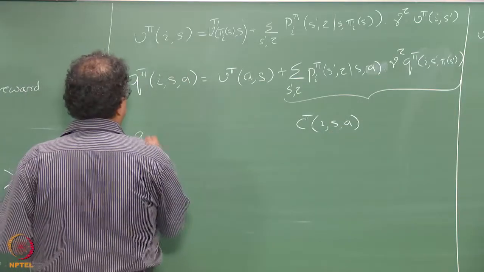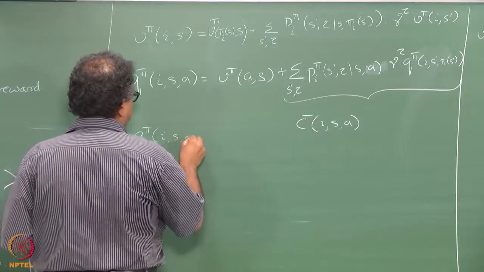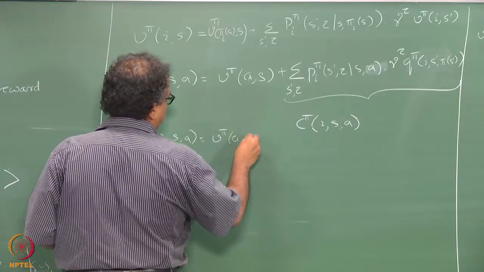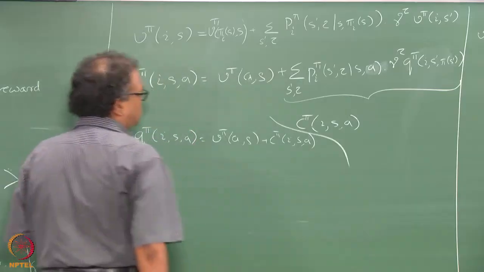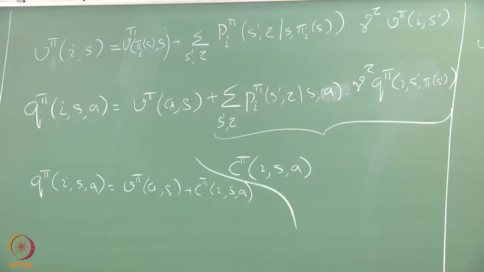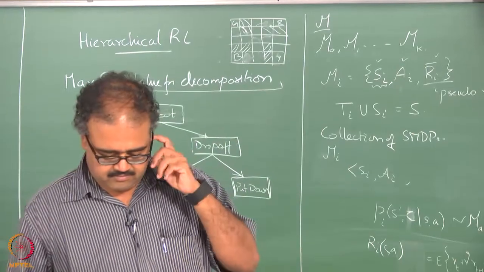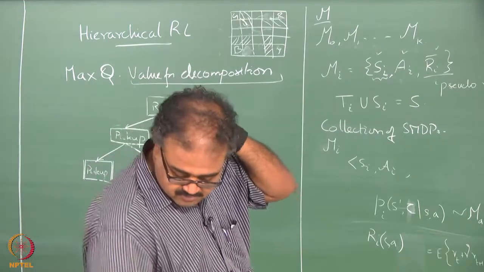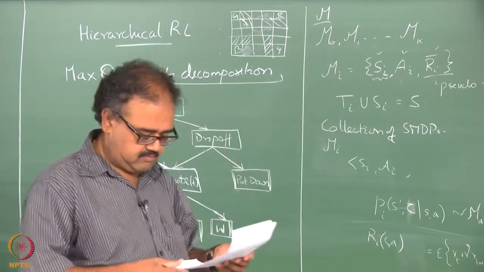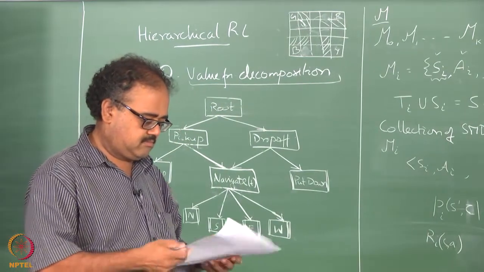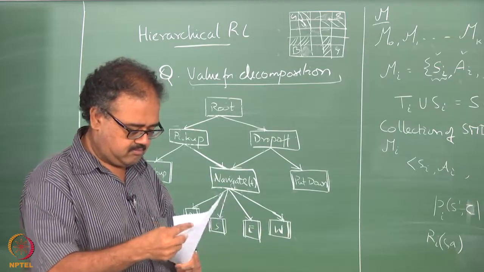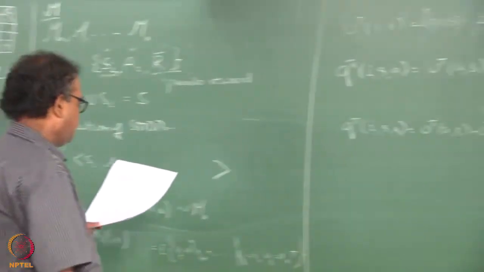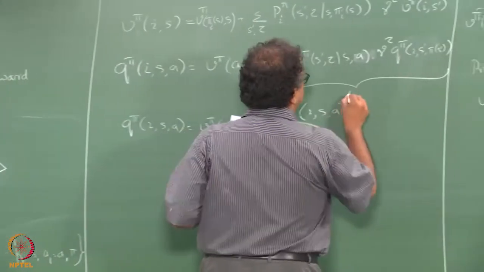So I can write my Q function as, so my Q is essentially V plus C. Right. So C is equal to this.